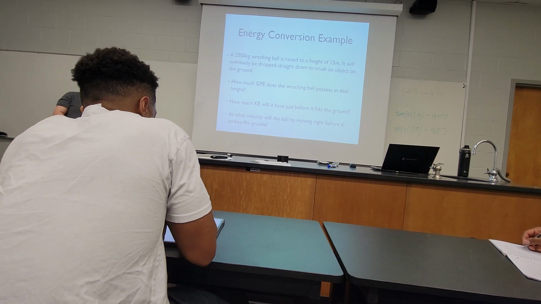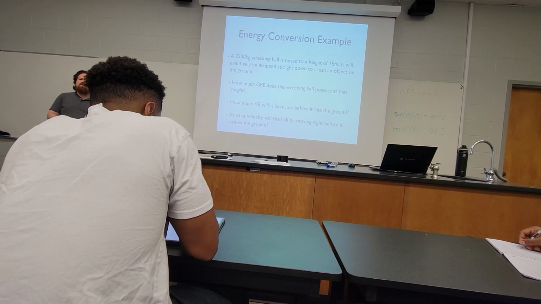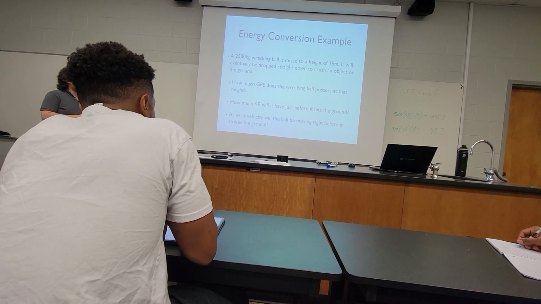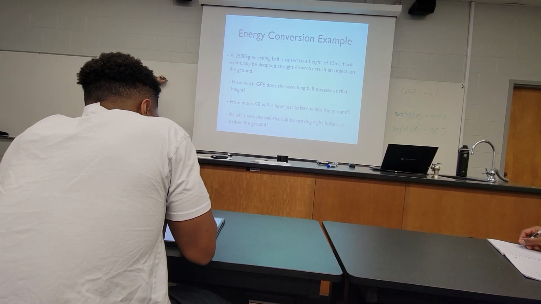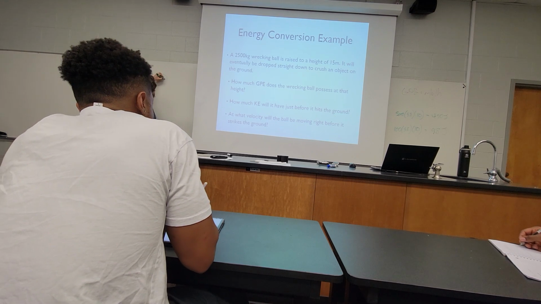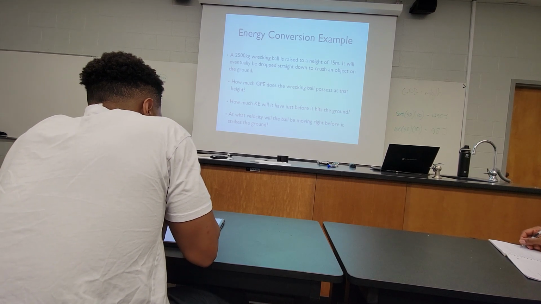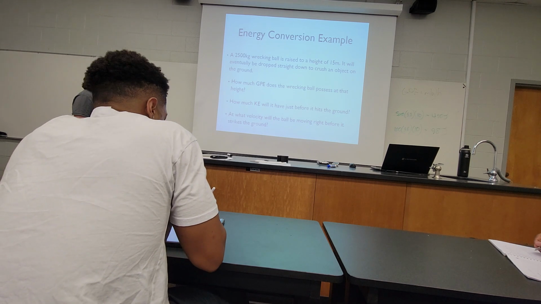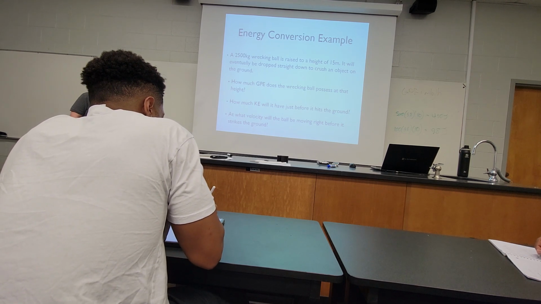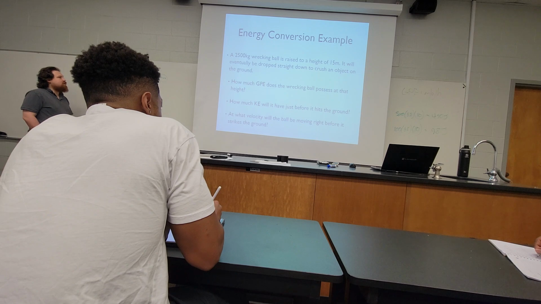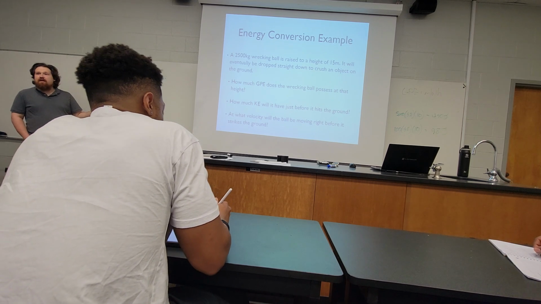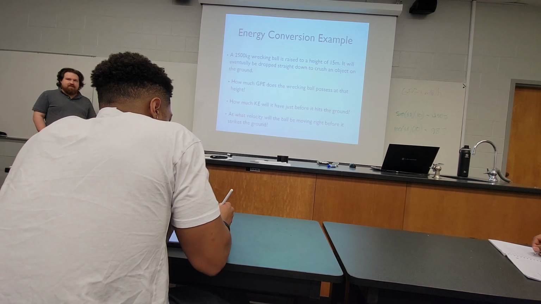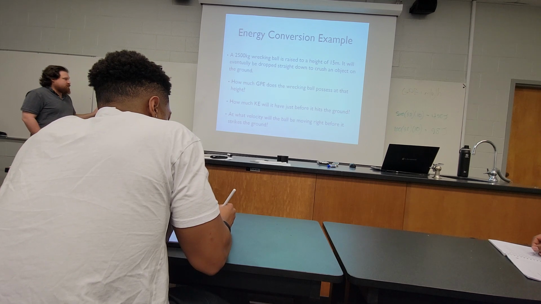Or equivalent to an SUV, perhaps, at least a large sedan. And this wrecking ball is attached to a crane that has lifted it up to 15 meters in the air. That takes a lot of work. It takes a lot of effort to lift an object like this. Just hands down, no question about it.